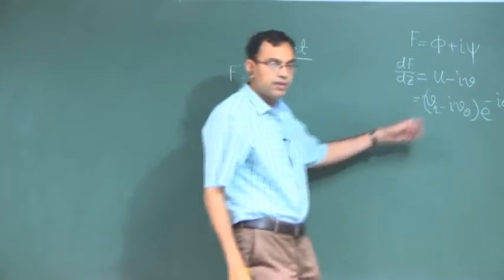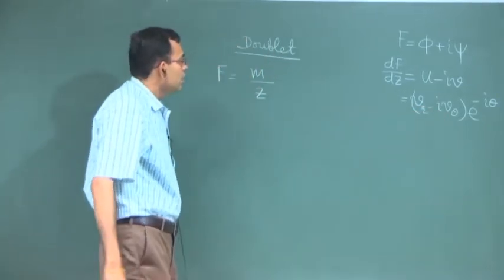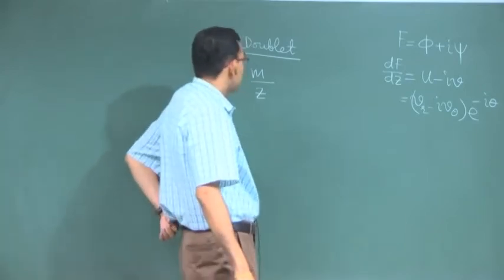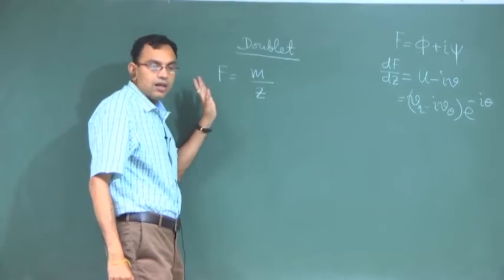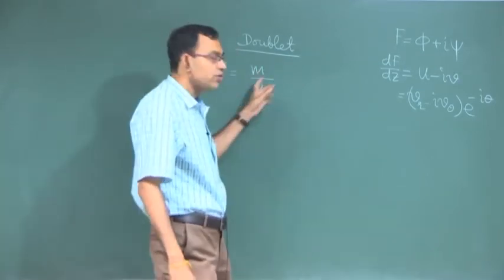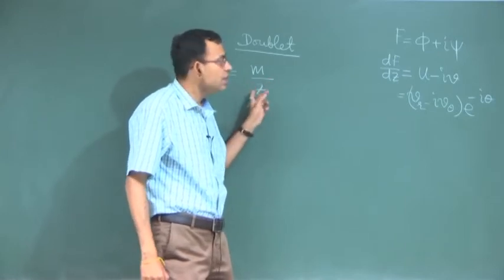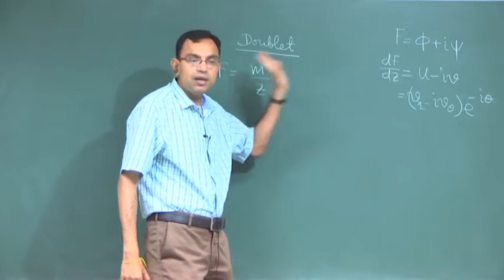I guess we have derived this, right. Okay. So, now this is phi plus i psi. So, actually the problem in terms of complex analysis is to separate this into real and imaginary parts. Real part will be velocity potential and imaginary part will be stream function.